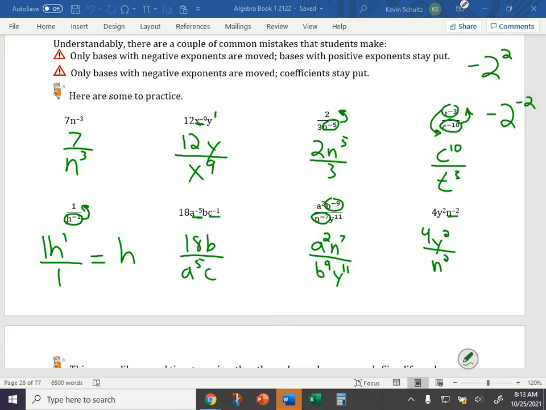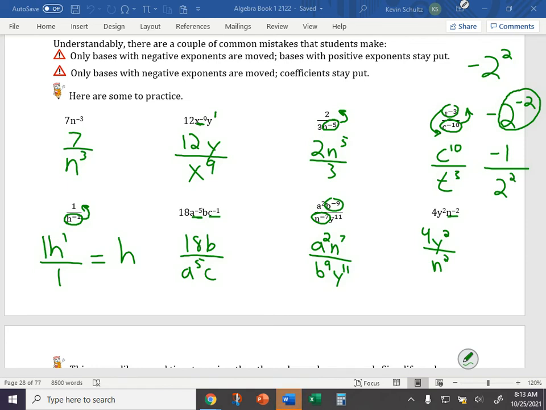Would it be like -1 over 2 squared? Yeah. The base of this exponent is only the 2. That negative sign acts as a coefficient of -1. So we'd have a -1 in our numerator over 2 to the positive second power in our denominator.